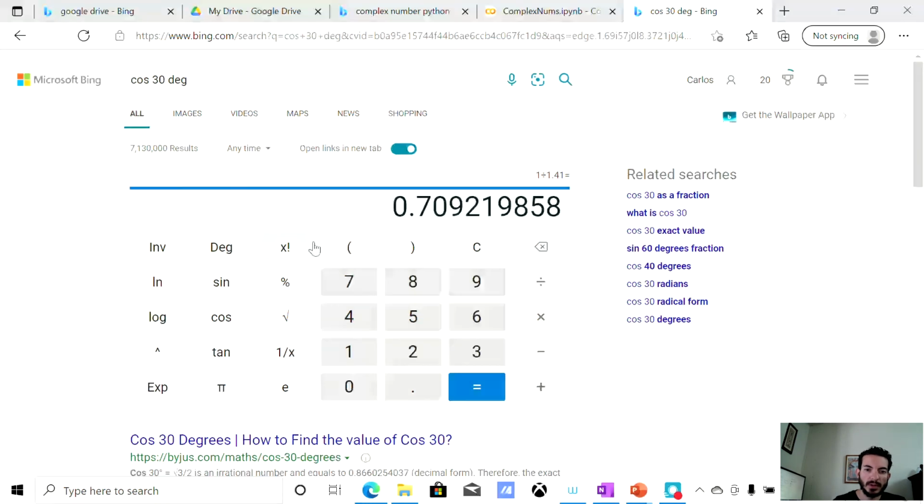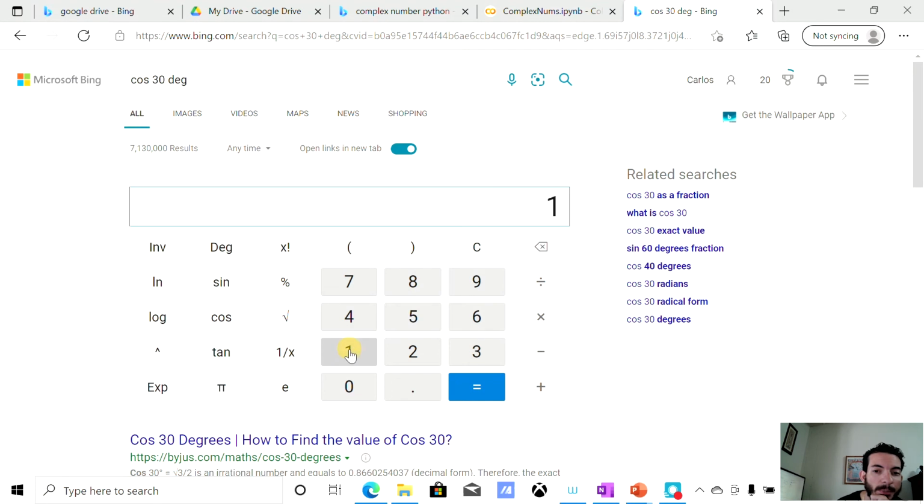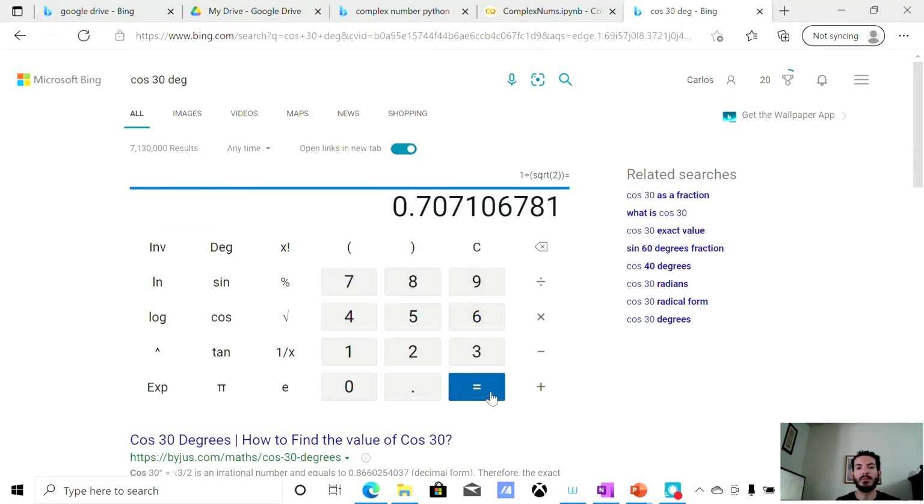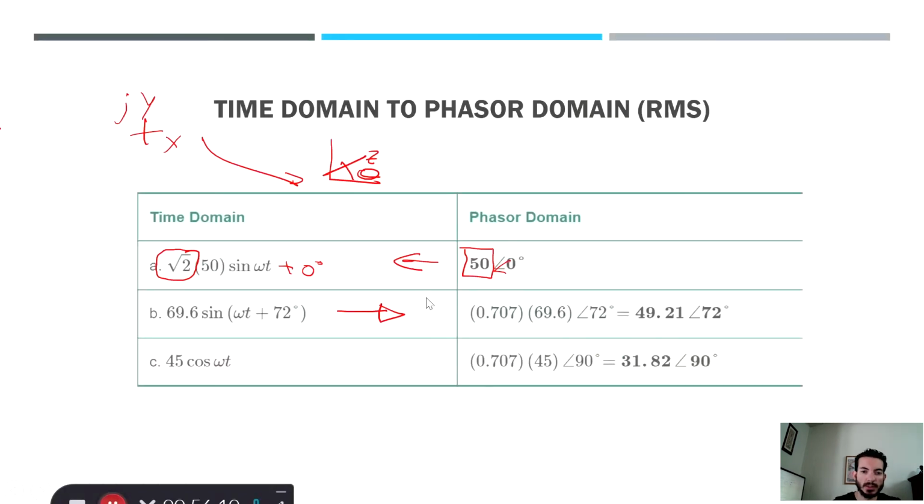If you do this in your calculator with all the numbers, it will give you 0.707. There you go. This is 0.707. So what we're doing for phasor domain is 1 divided by square root of 2.